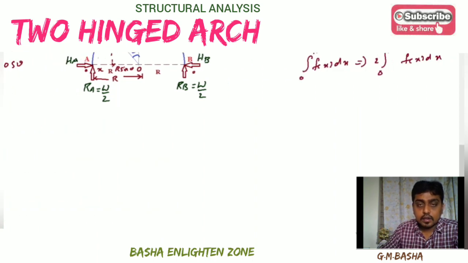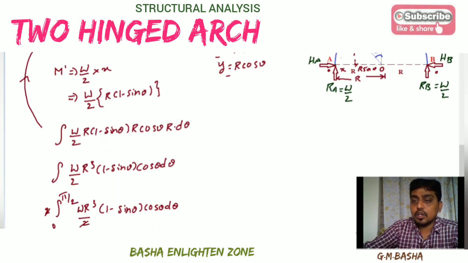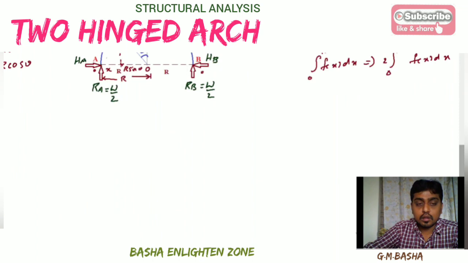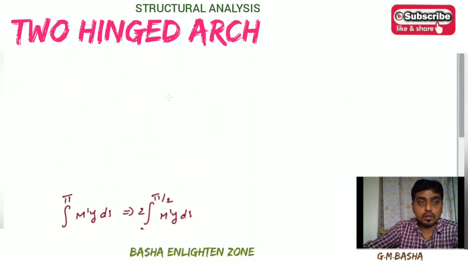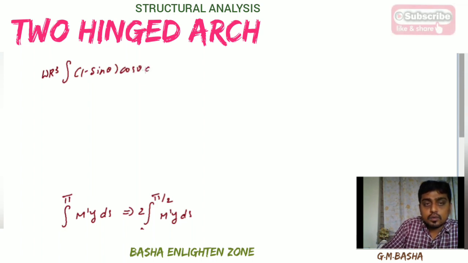If you cancel these two terms, take WR cube outside and cancel the 2 and 2, directly you will get WR cube into the remaining value. So I am writing here, that will be equal to WR cube into the integral from 0 to pi by 2 of (1 minus sin theta) cos theta d theta.